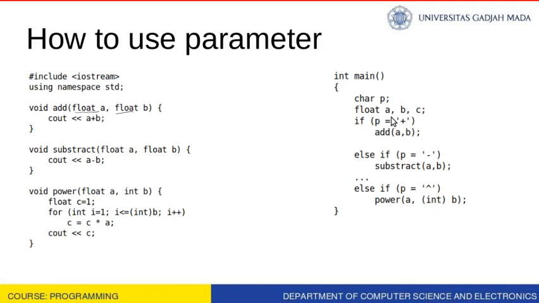Even though here I have a and b, the a and b here are different from the a and b in the function. Even though the names are equal, the memory allocations are different. So when you want to use parameters, you have to pay attention to the number of the parameters and also the data type. They should be suitable.